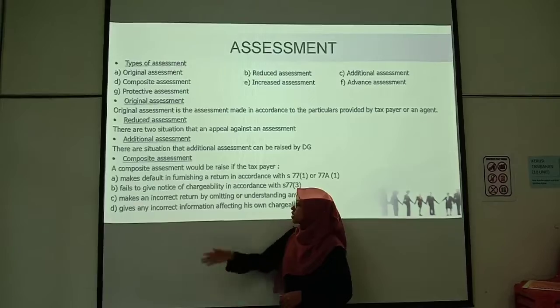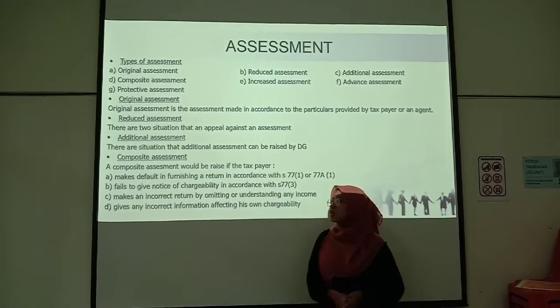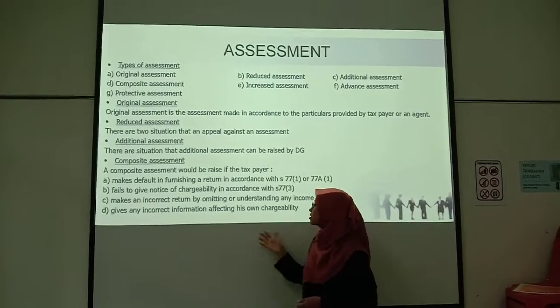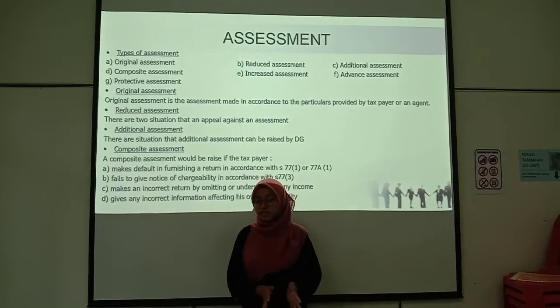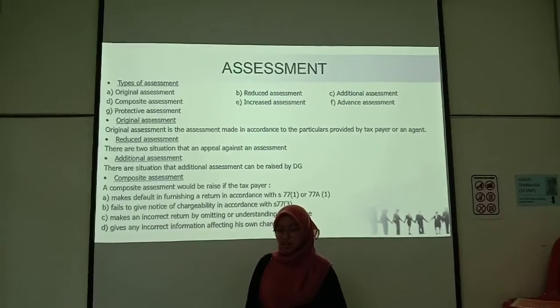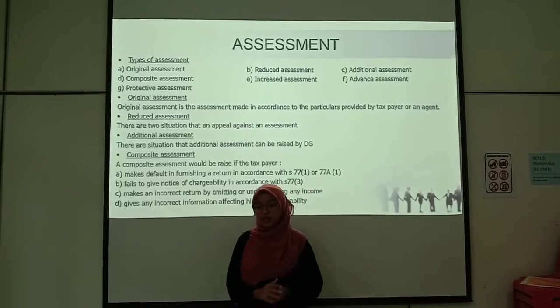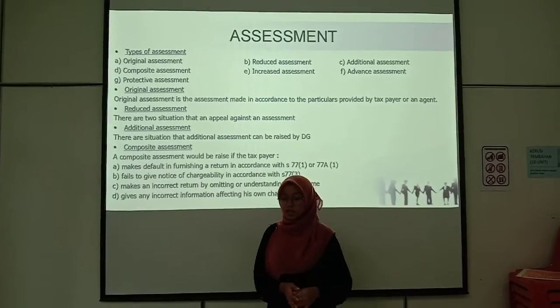Third, makes an incorrect return by omitting or understating any income. Fourth, gives any incorrect information affecting his own chargeability. The tax payable stated in the composite assessment will include the tax under charge and also the penalties. Once the composite assessment is issued, the taxpayer is not allowed to appeal to the SPC.